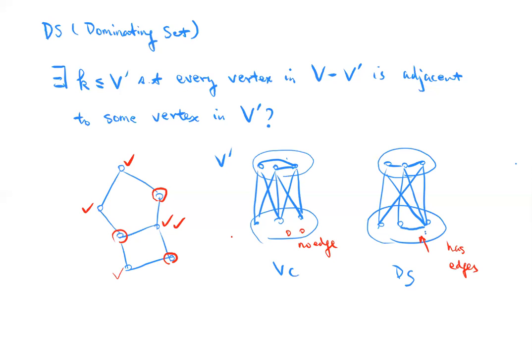Okay. So now what we are going to do is give a reduction from vertex cover to dominating set, again by the idea of local replacement. What we do again is replace each edge by some structure.